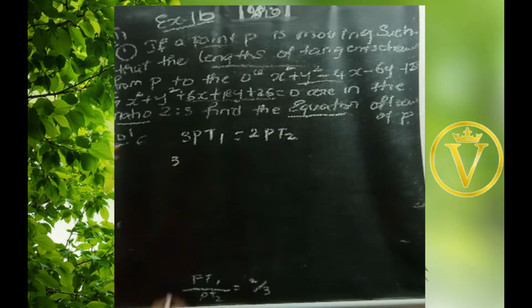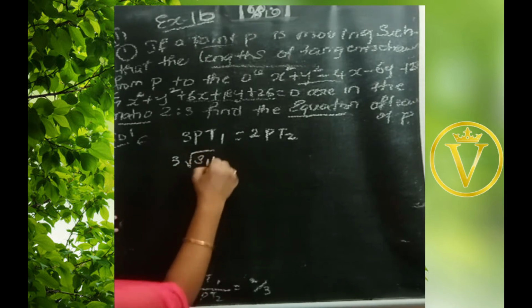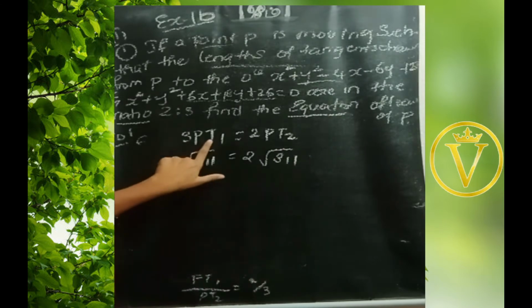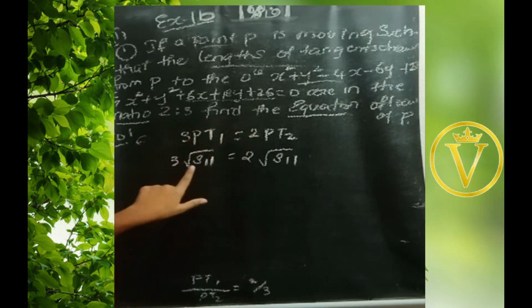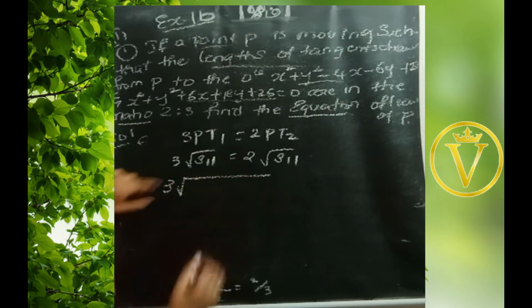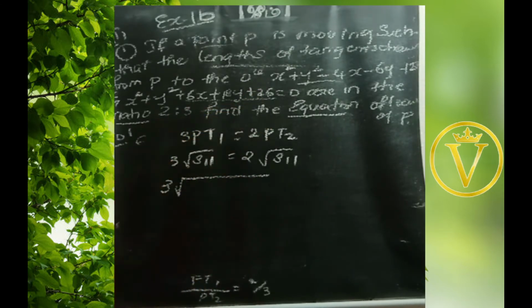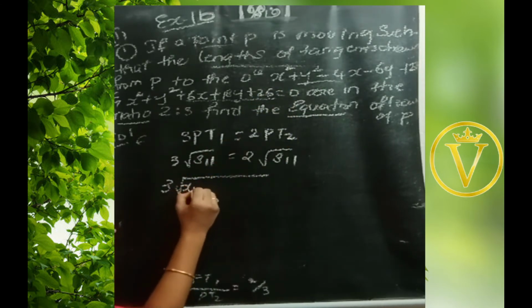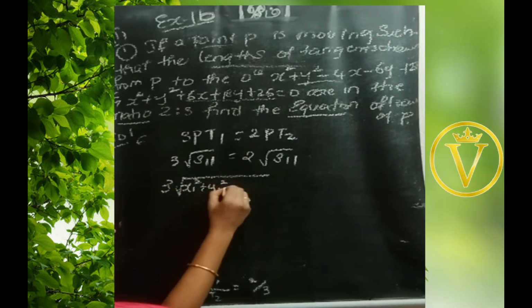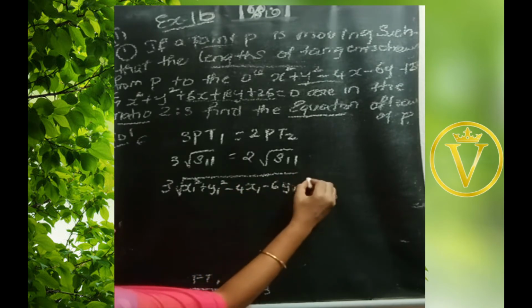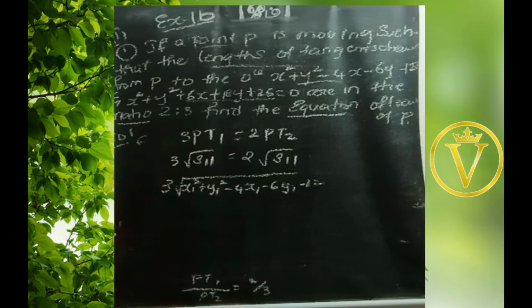What is the length of tangent formula? That means root of S11. So 3 root S11 equals 2 root S11. So PT1 is nothing but the first circle, right? 1 is for what? For the first circle. So x1 square plus y1 square minus 4x1 minus 6y1 minus 12. This is for the first circle. Why?